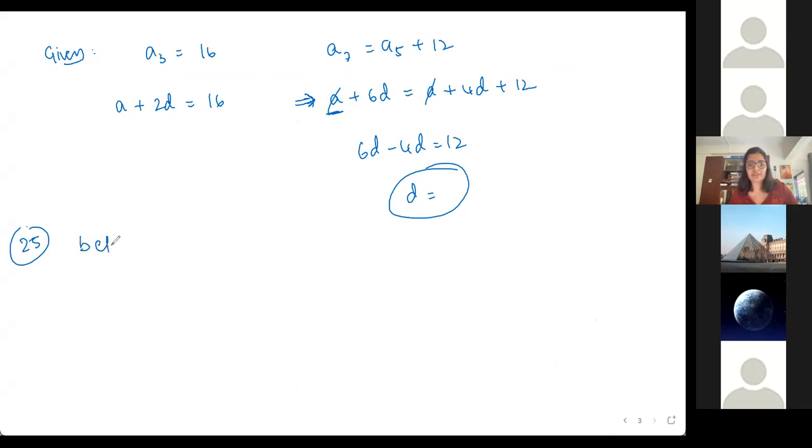We'll go step by step. So between 10 and 250, and we need specifically multiples of 4. First, number 10, is this a multiple of 4? Anirban?